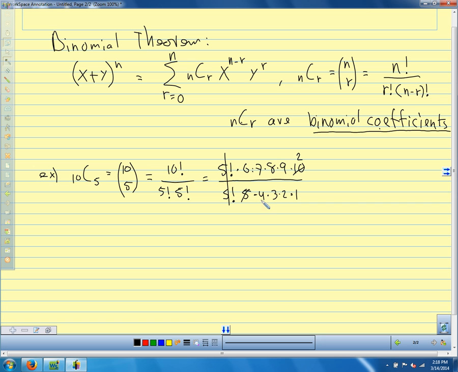I'm going to cancel the 4 with 8 and get a 2 there. A 3 with a 6 and get a 2 there. And a 2 with one of these twos. So I end up with 7 times 9 times 2 times 2. And when I multiply that out, I should get 252. So this particular binomial coefficient, 10 choose 5, comes out to be 252.